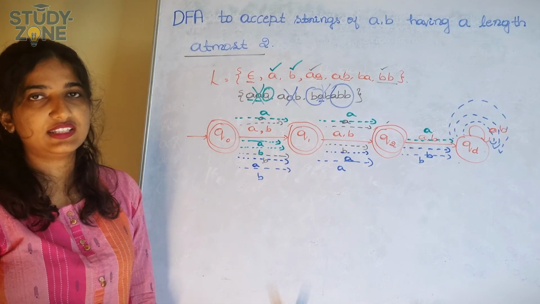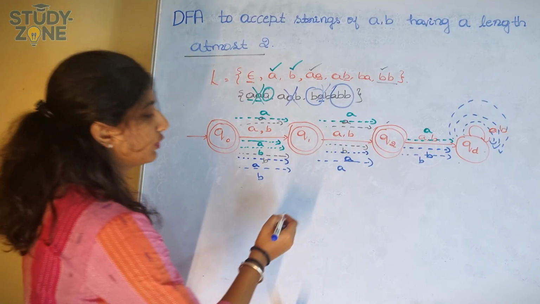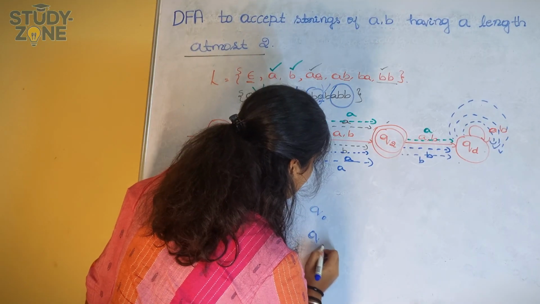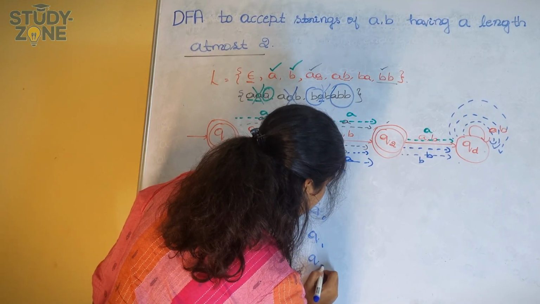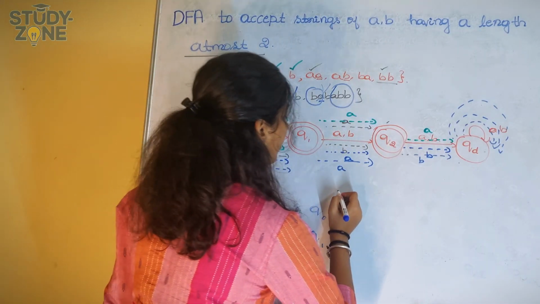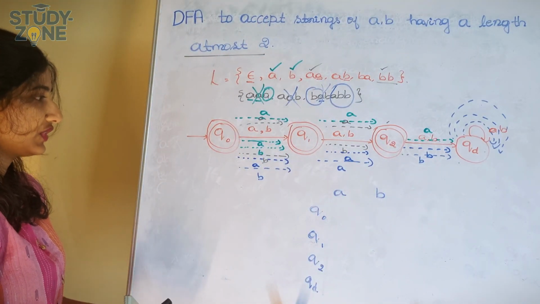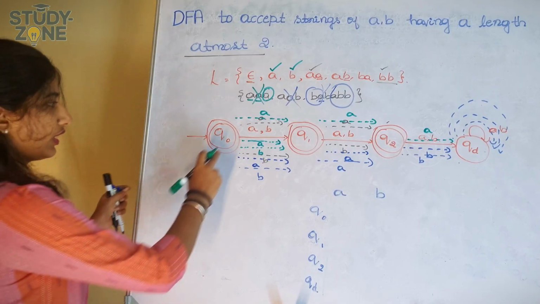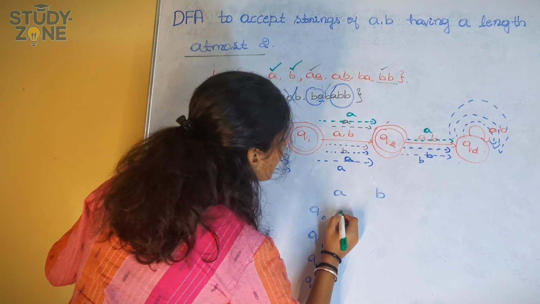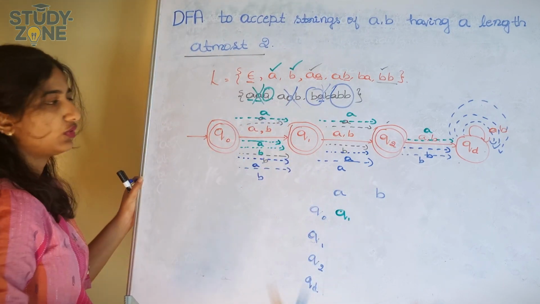So now let us write the transition table. To write the transition table, what we have to do? We have to write the states, correct? Q0, Q1, Q2 and QD, and our input symbols are A and B. After writing this, we have to check Q0 on A. Where is it moving? It is moving to Q1, so we write that here. And Q0 on B also moves to Q1.